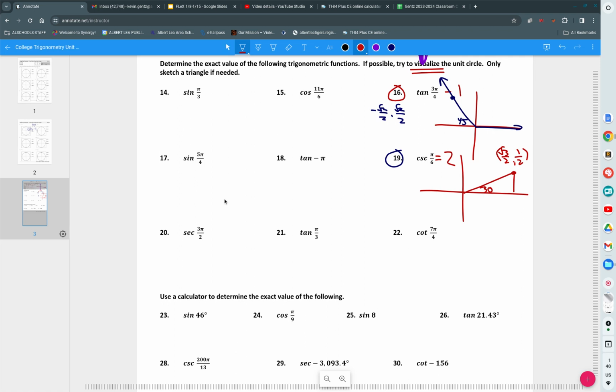If you need to draw the picture, go through the work as much as you can. Try to mentally visualize the rotation. Try to visualize the location, the unit circle.